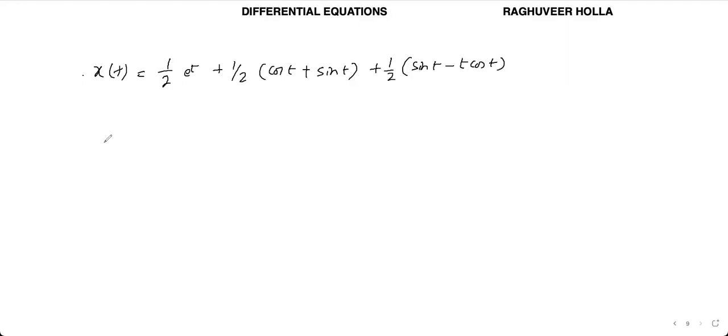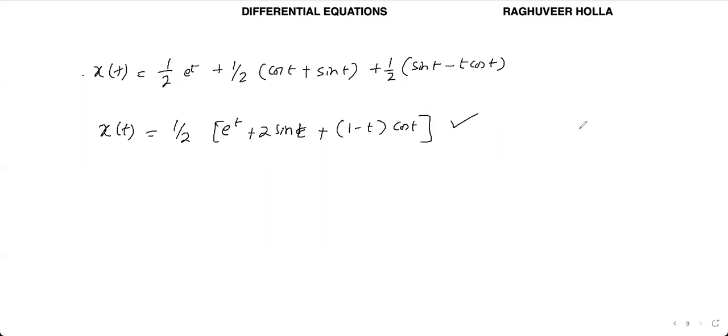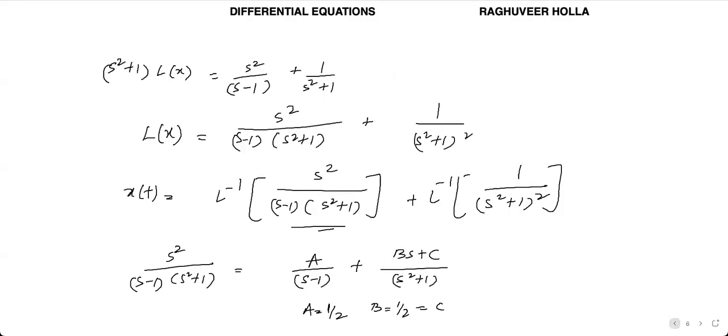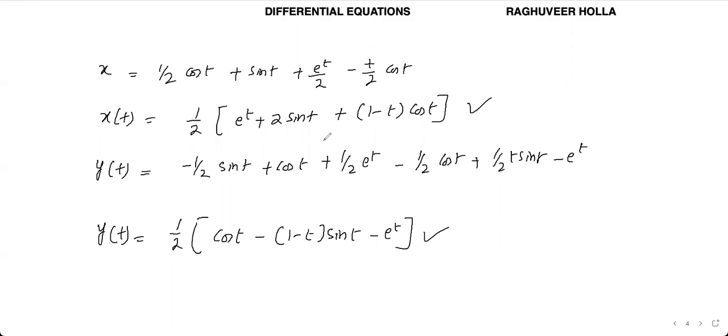So after simplifying, we get x of t as half of e to the power of t plus 2 sin t plus 1 minus t cos t. So we got the same result which we got over here. I'll show it to you. See.